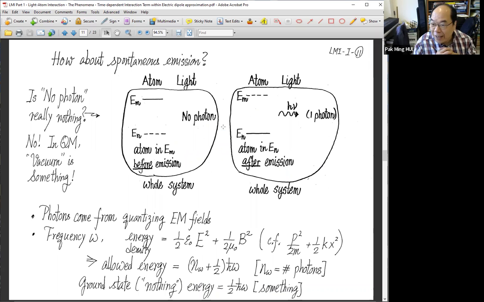Then how about spontaneous emission, the troublesome but simple thing? I already hinted that vacuum is not nothing, it is something. So roughly the picture is as follows.